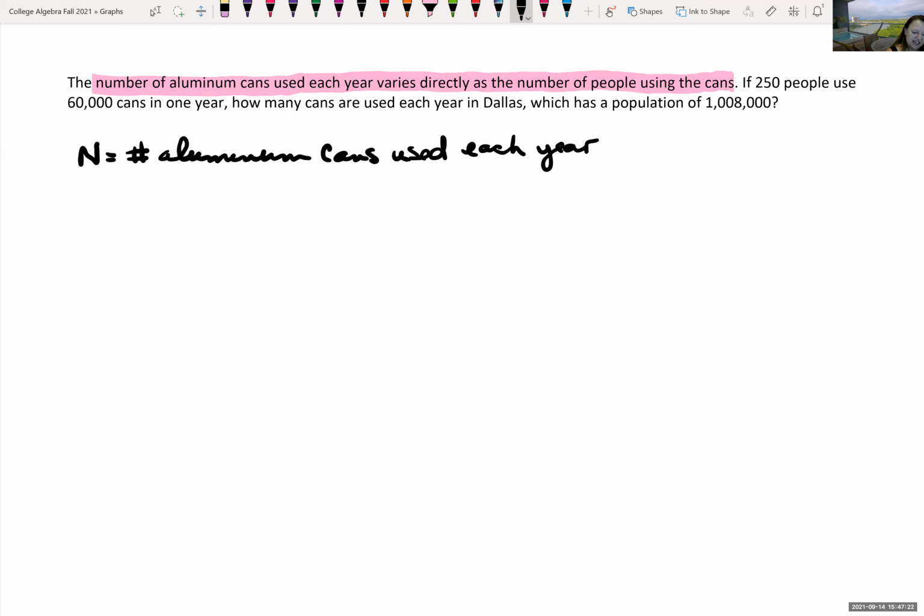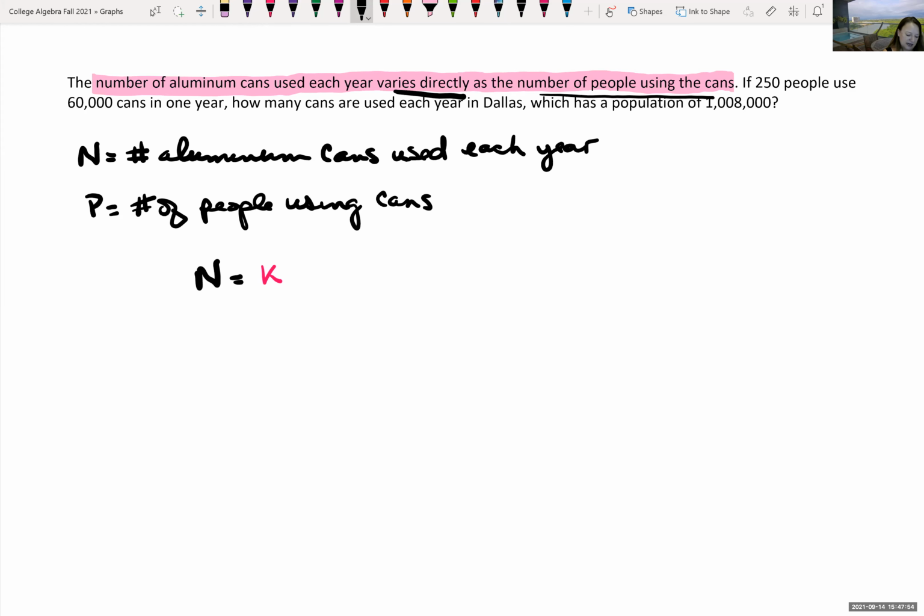And maybe we can let P equal the number of people using cans. And so the number of cans used each year varies directly, equals K times the number of people using the cans. So K times P.